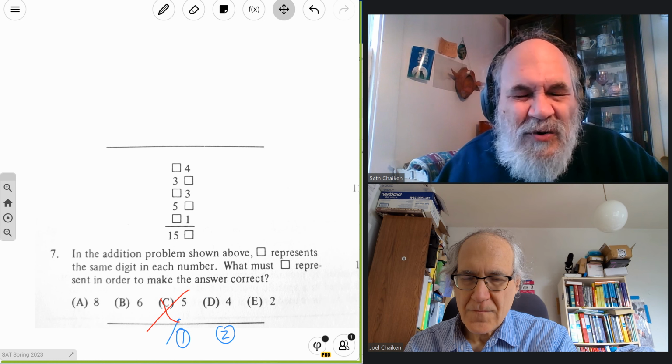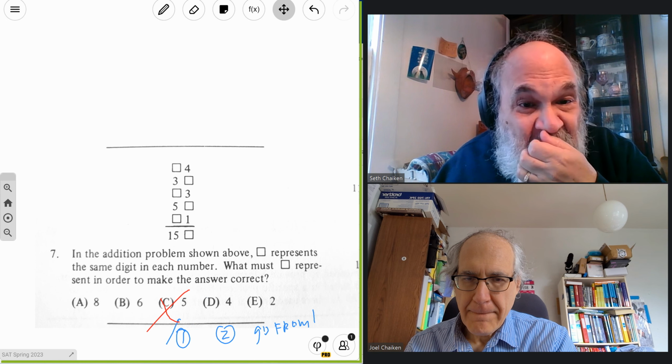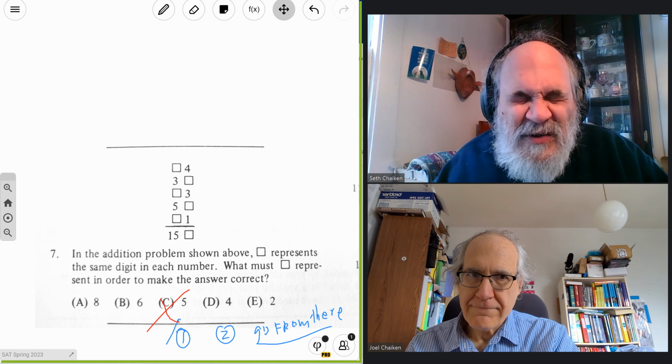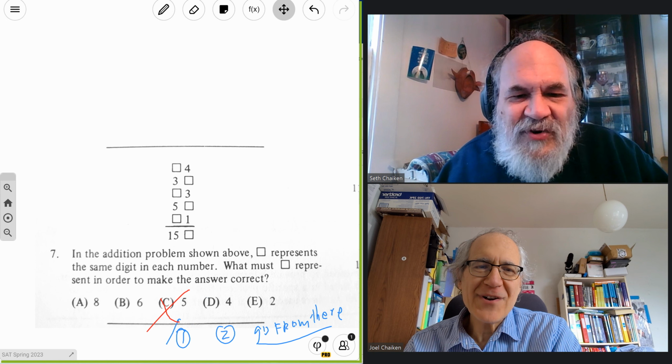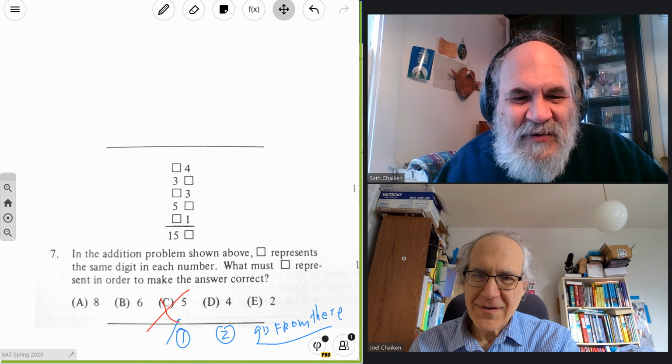All right. So I think one quick approach is to try the smallest number. Just try them. Right, exactly. Just try them. Well, let's see.